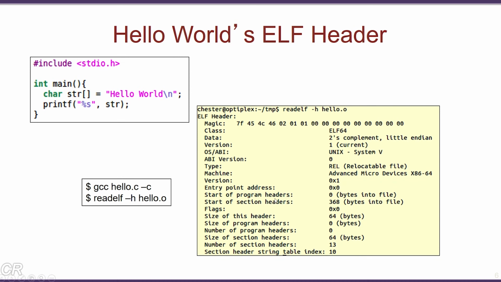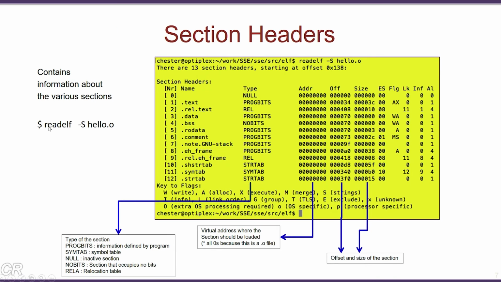So let us look in a little more detail at the section headers. The section header table for this particular program can be obtained by running readelf with the -S option, as shown over here. That is, readelf -S hello.o. The output looks as follows.